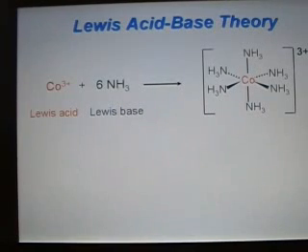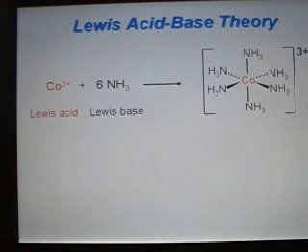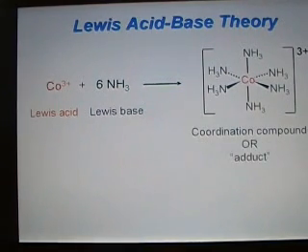Now, when we think of Lewis acid-base theory, we think of Co3+ as the Lewis acid, NH3 as the Lewis base, and so we form this coordinate covalent compound shown here. Now there's a special name for the product of a Lewis acid-base reaction, and that's known as an adduct. We call it a coordination compound, but you can also see the term adduct. By definition, it's just the product of a Lewis acid-base reaction.